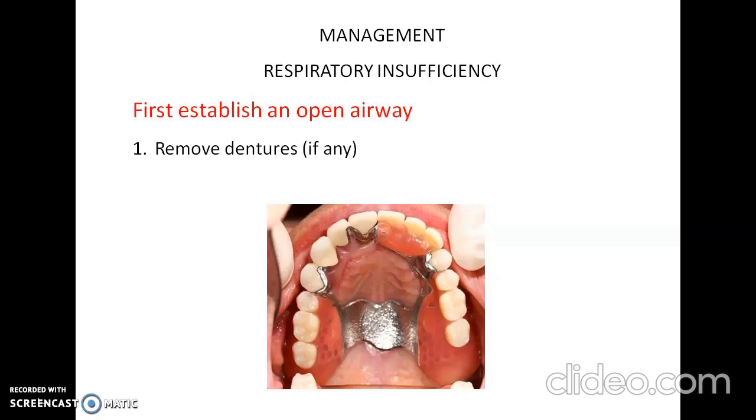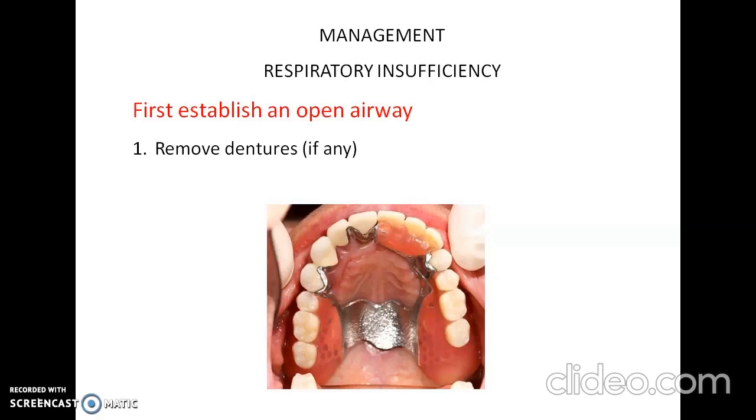The first primary work we should do is the establishment of an open airway. In order to give some oxygen therapy or ventilation, it's essential that the airway is clear. The first work is removal of any dentures.